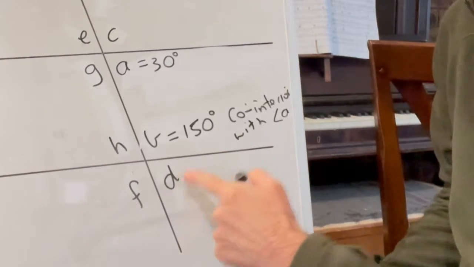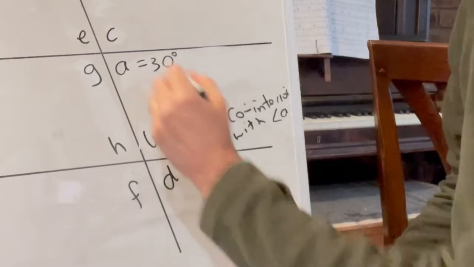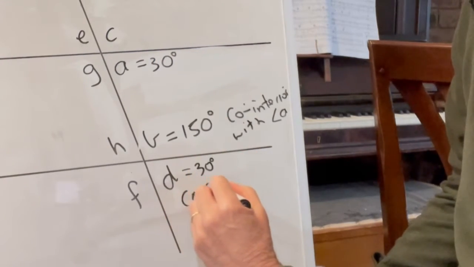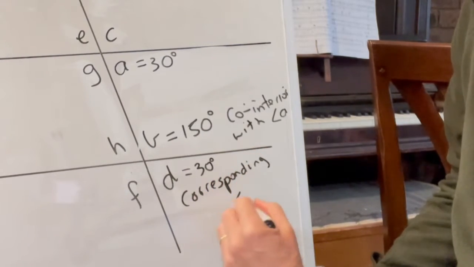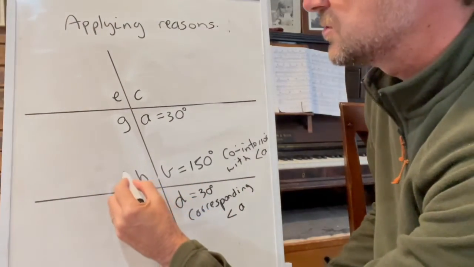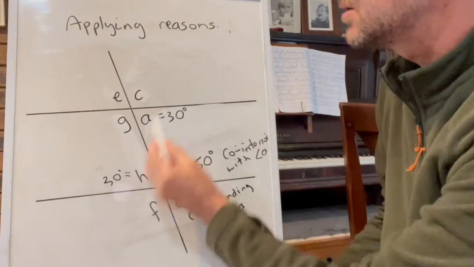Well, we can see that D is corresponding with A. So here we could say that D is 30, and we could say the reason would be it is corresponding to angle A, okay? We could look at H and say, well, H is also equal to 30, and the reason for that is because it is alternating with A.